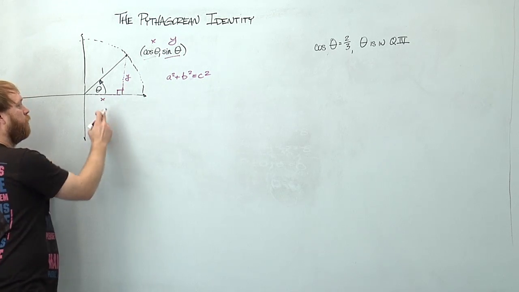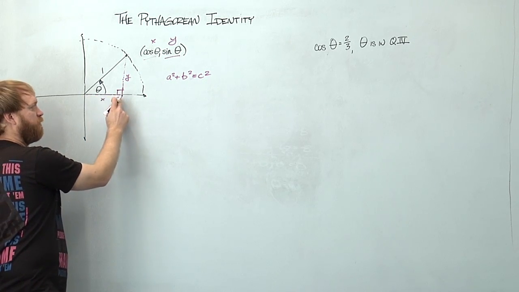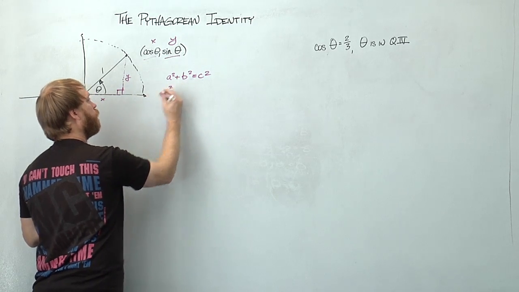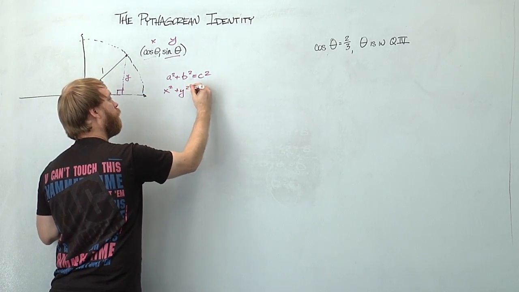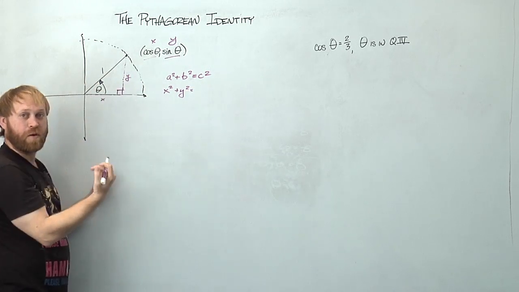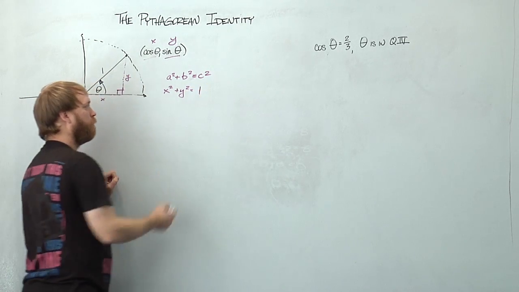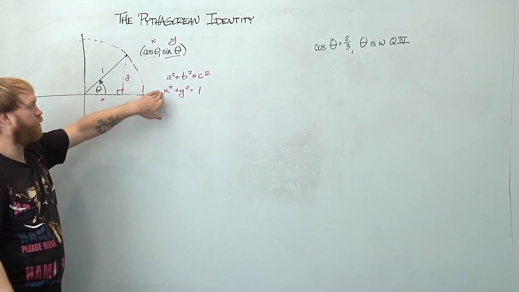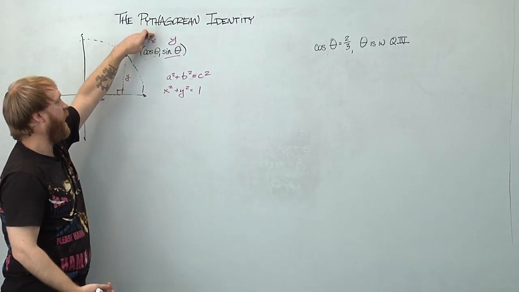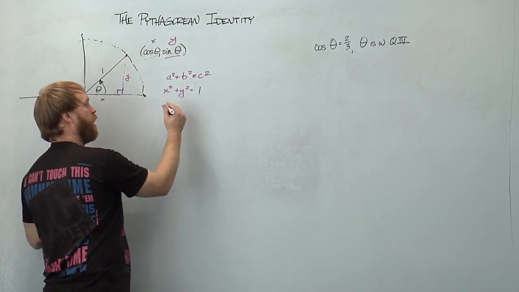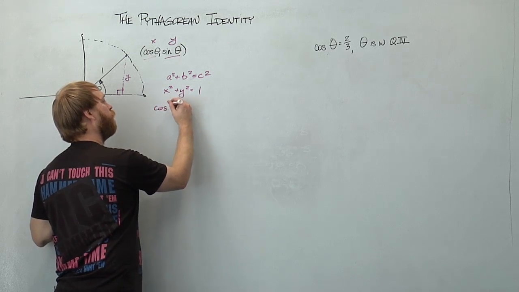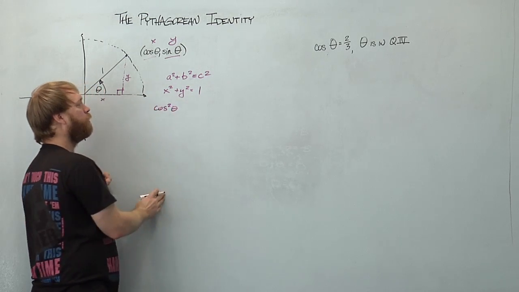So in this triangle, one of my legs, the length is x. One of them, my length is y. And then my radius in the unit circle is 1. Now another thing we can do, because x is the same as cosine of theta, x squared, well, that's the same as cosine squared of theta.